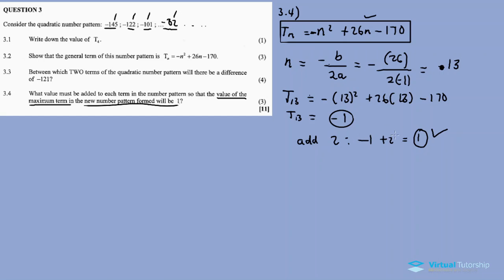So we add 2 to the maximum term so that it becomes 1. So for the new number pattern, each term must have 2 added, and the maximum term must also have 2 added so that it becomes 1.